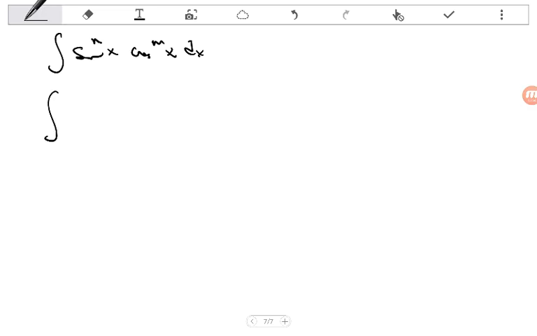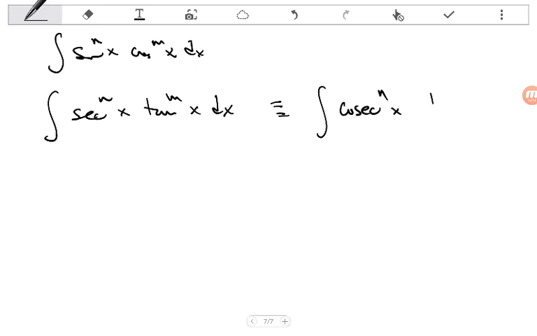The other type is integration of sec power nx multiplied by tan power mx dx. And another similar one, which will be treated the same way, cosec power nx multiplied by cotan power mx dx. Okay, we'll learn how to deal with these two types. And the treatment of this integral is similar to this one.